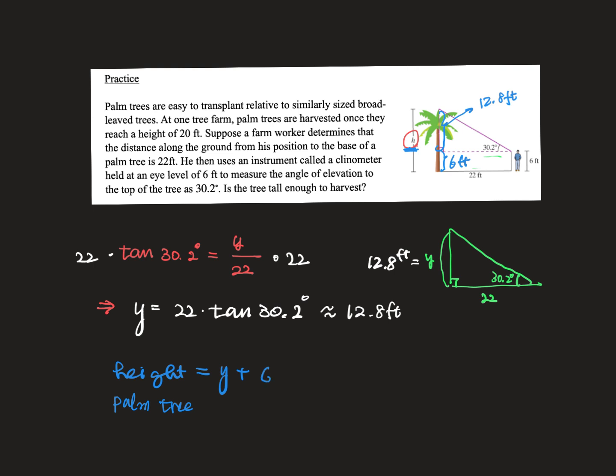So y is 12.8 feet plus 6 feet. That's 18.8 feet. That solves this question. So when you do application problems for right triangles, draw the right triangle, draw the angle, put in the sides you know, and find the unknown side.